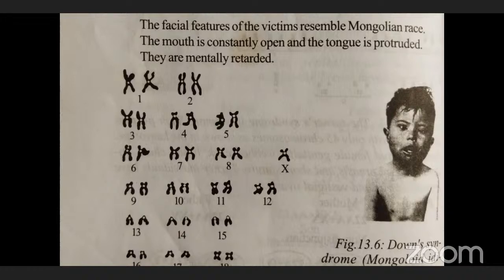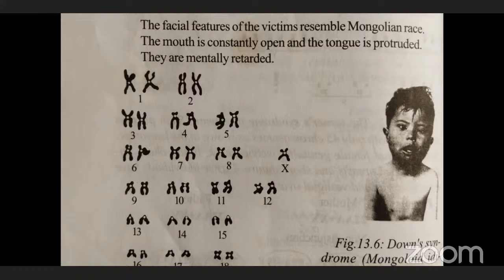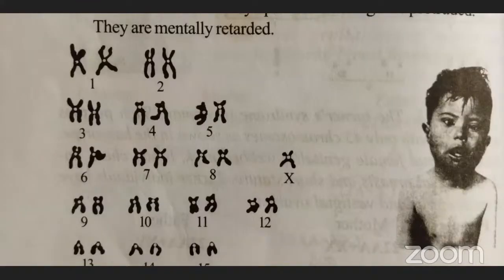So Down syndrome results in the following features. The nose is oblique, you can see the picture. The ears are also malformed, not in proper shape.